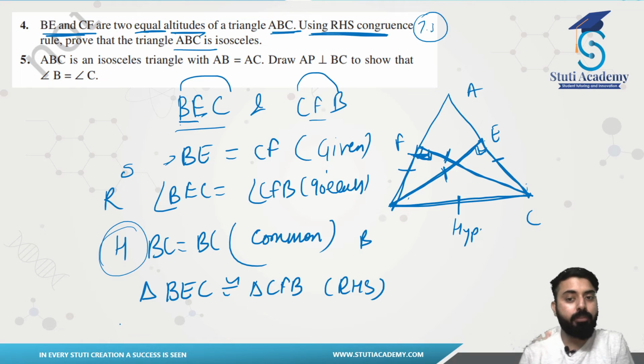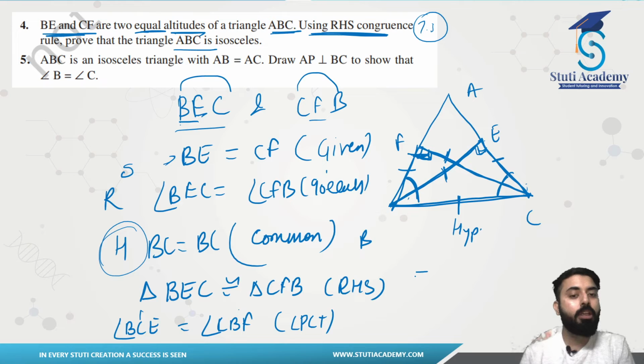I can simply prove this one. Angle BCE is equal to angle CBF by CPCT. If the base two angles are equal, if C and B are equal, this implies AB is equal to AC. This implies triangle ABC is isosceles.